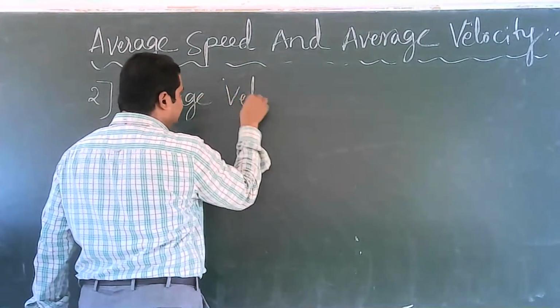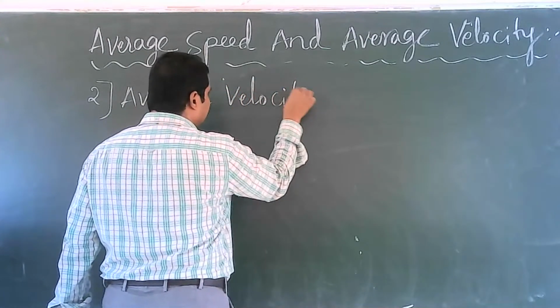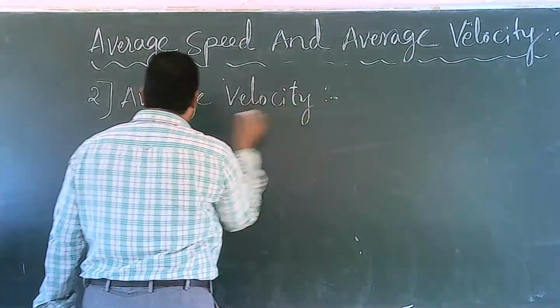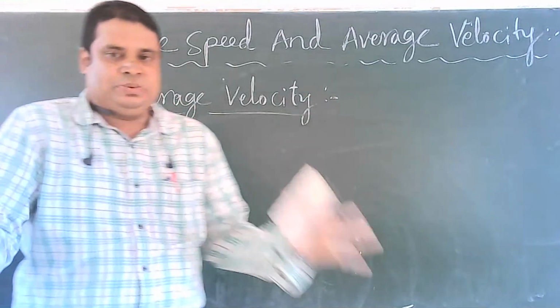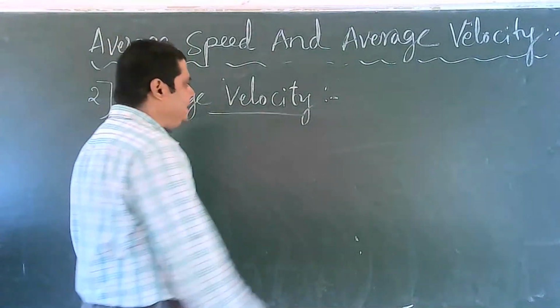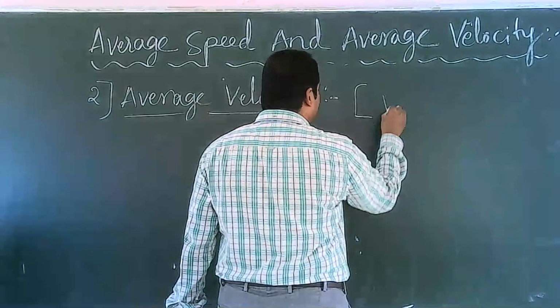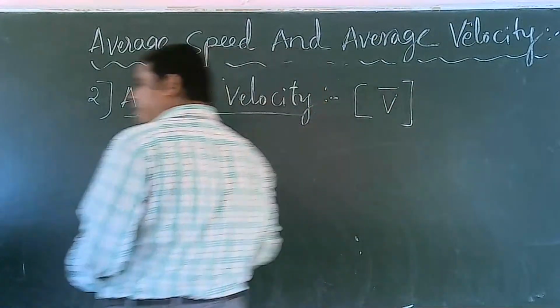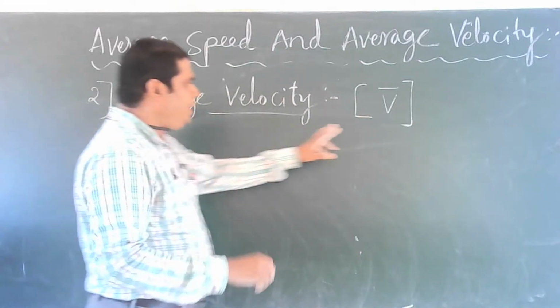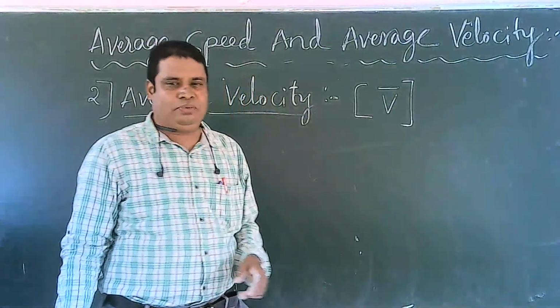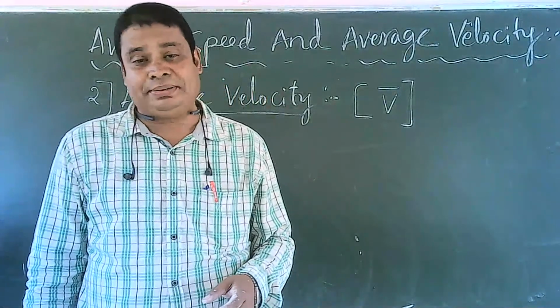In our textbook, this average velocity we are supposed to write as V with a small line over it, called V bar.